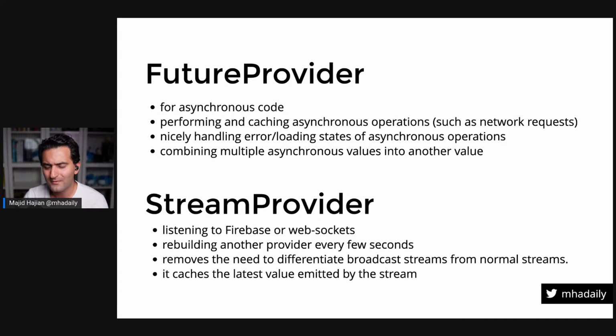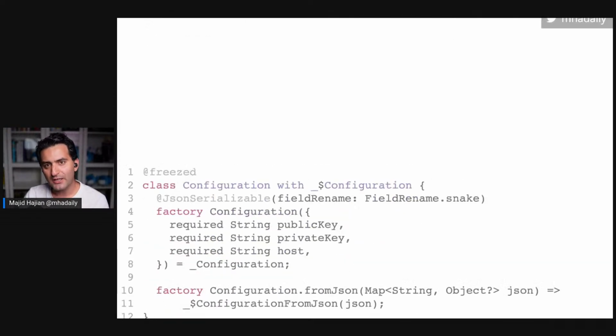Another very interesting thing is that a stream caches the latest value, which means when you listen to that provider, you get the latest cached values, which is very nice. These are the things that you need to handle yourself, but it's handled by the framework, or in this case, the Riverpod package. So let's talk about it right now.